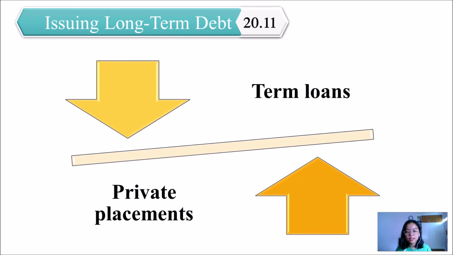And the second type is private placement. This is similar to the term loan, except that the maturity is longer. So as a result, direct financing may have more restrictive covenants and higher interest, but is less costly to issue and easier to negotiate.